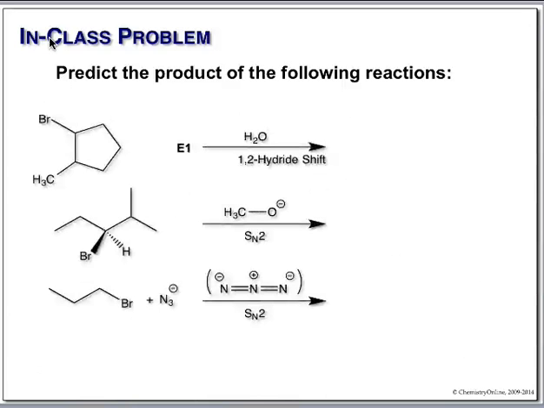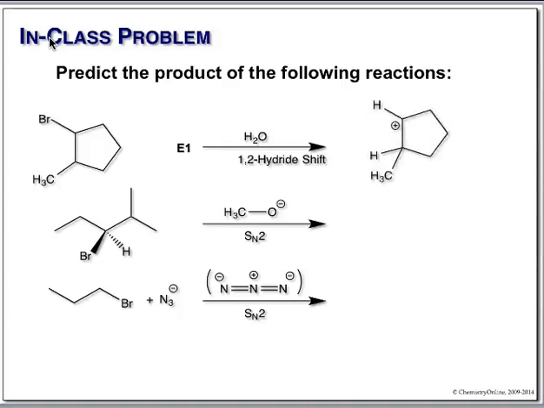Now, in an E1 elimination, first thing we're going to do is lose the bromine. That's our slow step. That's why it's unimolecular. The bromine comes off and will form a carbocation at this center. That's our initially formed carbocation.